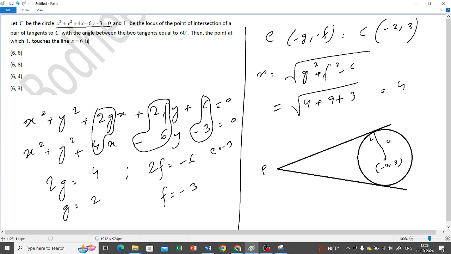And remember, I told you earlier also, the radius and tangents both are perpendicular to each other, right? So that is why 90 degree.